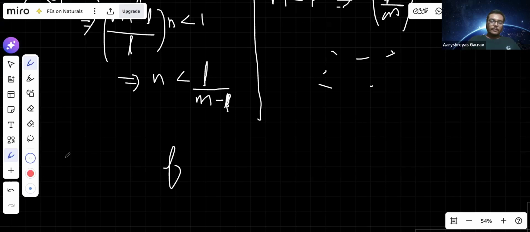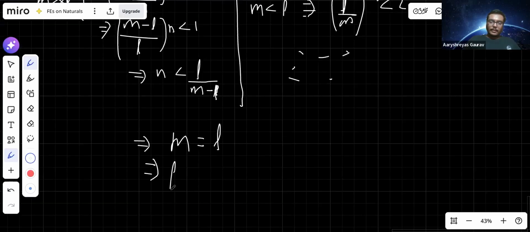And lastly, we will get to see m is equal to L, and f of x is actually equal to x for all x belonging to natural numbers.